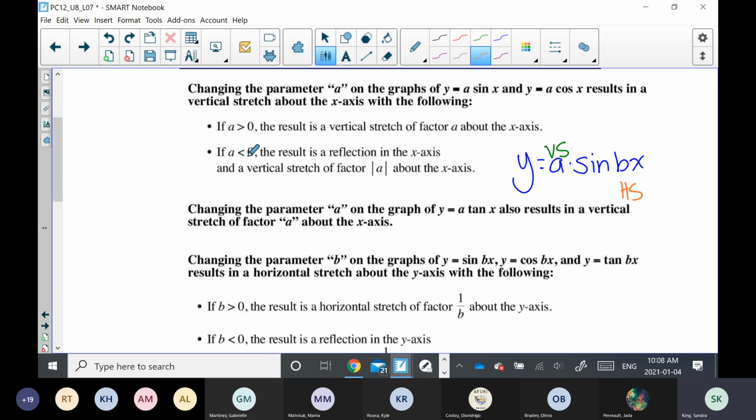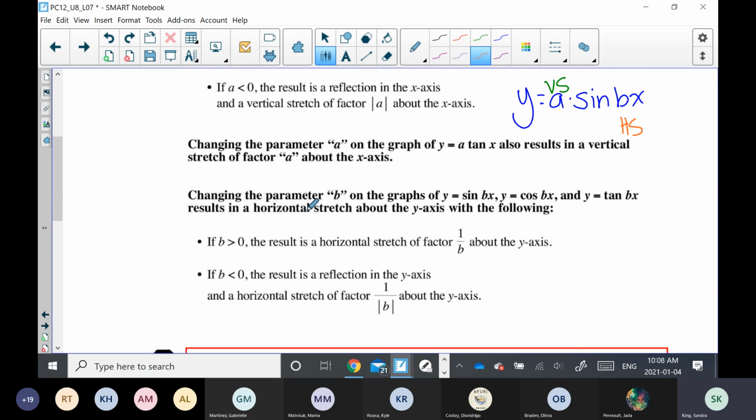This is just notes on what we basically did on the last page. If this A value is greater than 0, it's a vertical stretch. If the A value is less than 0, if it's negative, it's going to be a vertical reflection and a vertical stretch by the absolute value of A. And then it does the exact same thing down here for your notes.